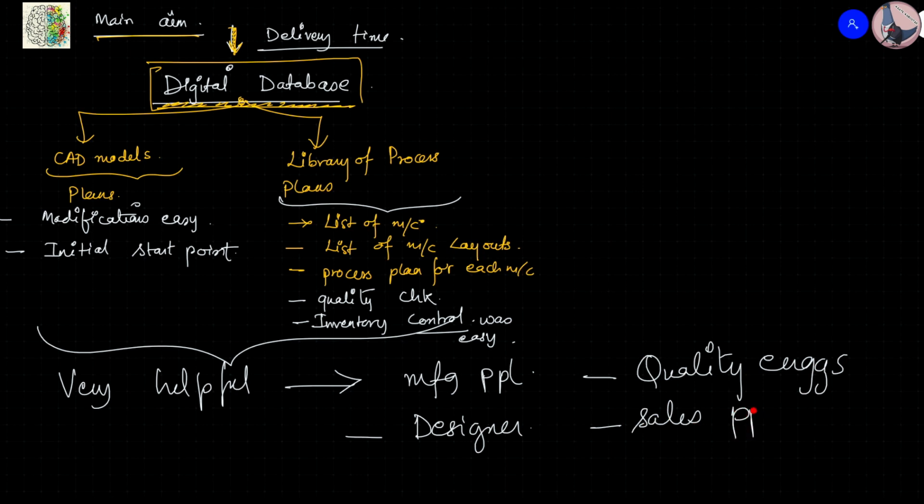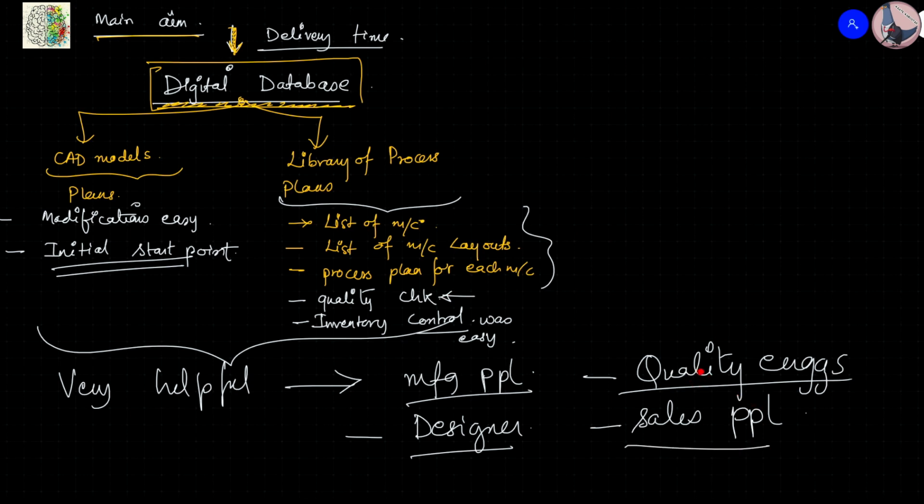Manufacturing people already had the list of machine layouts. Designers already had an initial start point because of the pre-existing CAD models. Quality engineers know which quality checks are to be done and when. Salespeople can understand when the product will come out of manufacturing and deliver it, so they can make suitable modifications as per that.